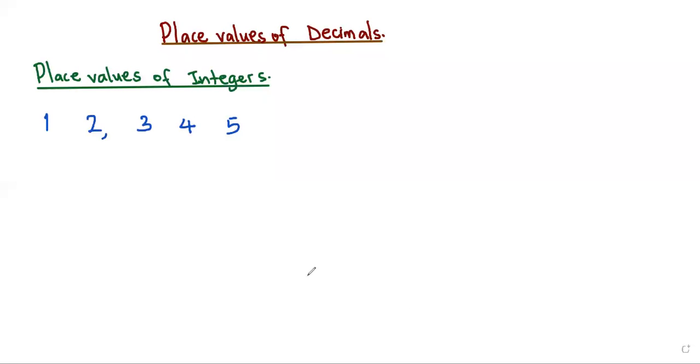Now, when we talk about the place value, I don't know if you learned about this already. I'm very sure that you learned about it in your local language, but I don't know if you learned about this in English. Now, the place value of 5 is ones.